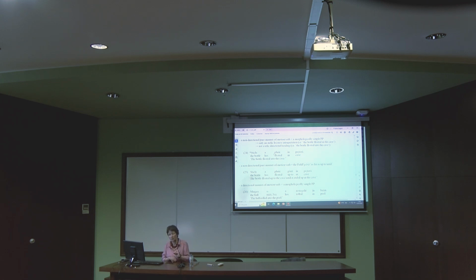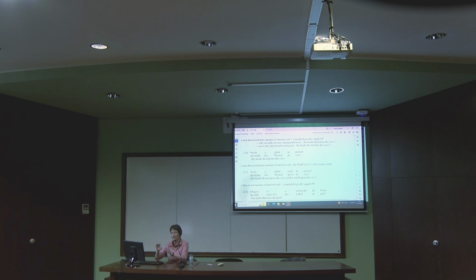Why is 25 different from the bottle floated into the cave, English-Germanic type of sentence? It seems that in such cases, which are again not problematic, we can combine până PPs with any type of motion verb. They are adjuncts.